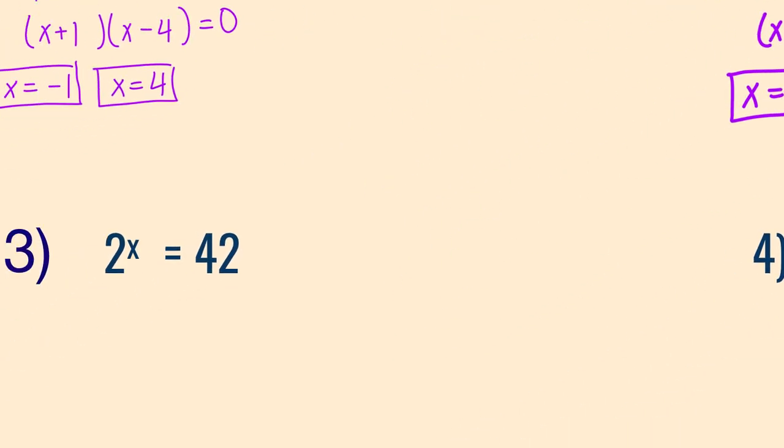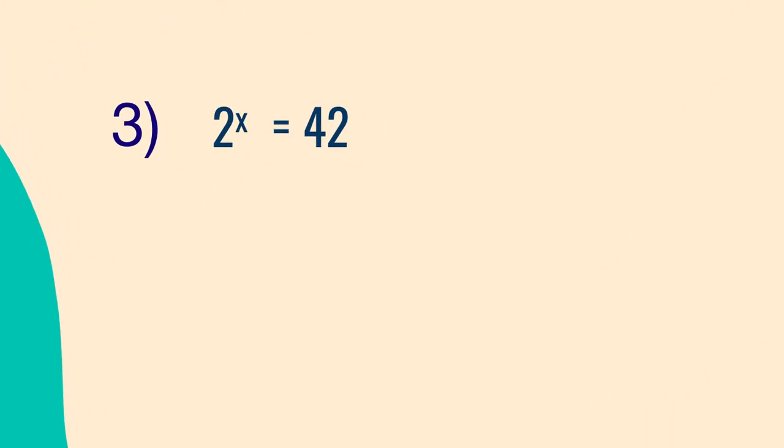Now, looking at number 3, can I get the same base? Can I get a base of 2 to the power of whatever that gives me 42? No. So what you have to do is get the term with x by itself. And like I said, I'm using natural log to solve this.